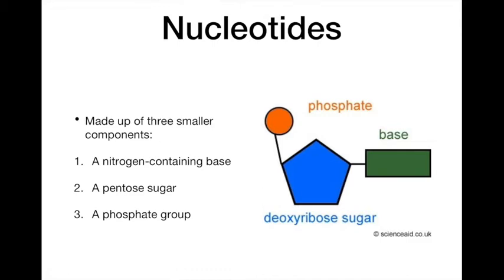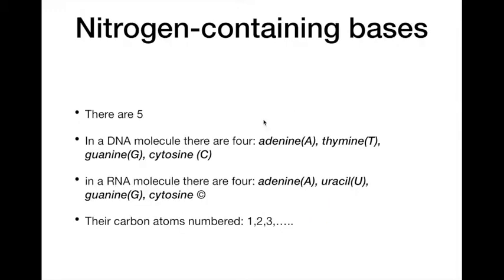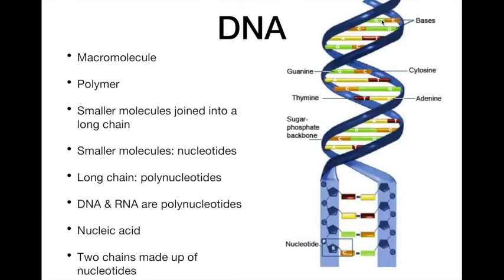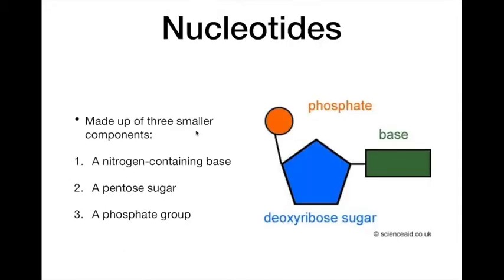Nucleotides are made up of three smaller components: a nitrogen-containing base, a pentose sugar, we will see what pentose means, and a phosphate group. Let's start with the nitrogen-containing bases. First of all, nucleotides make up both DNA and RNA, but there is one small difference.